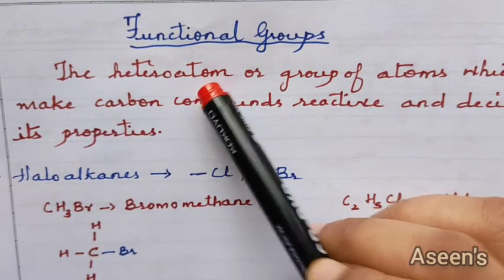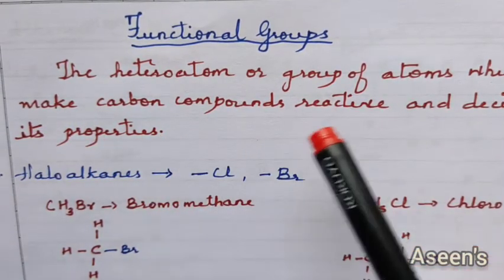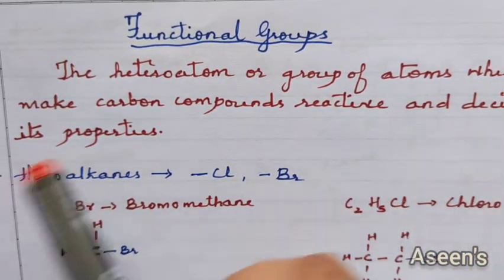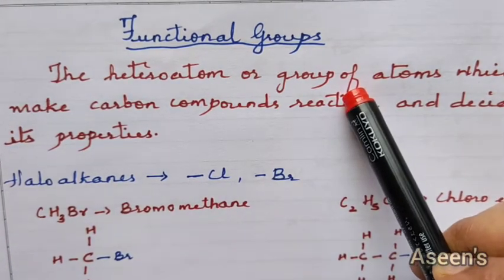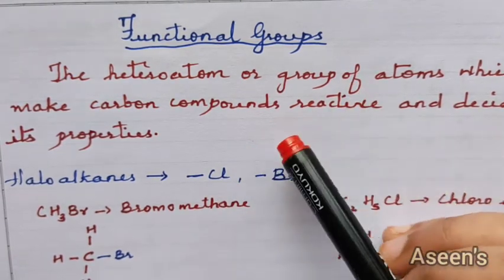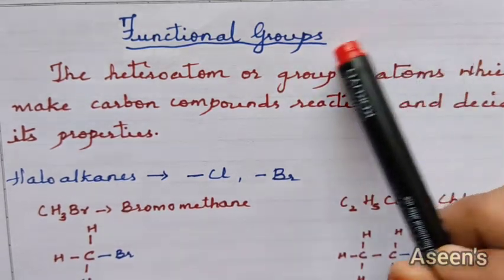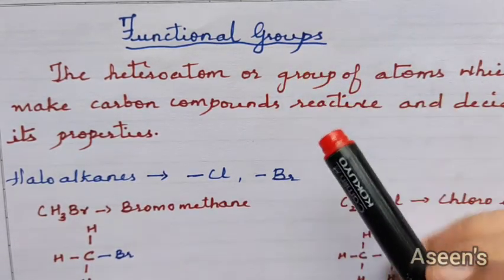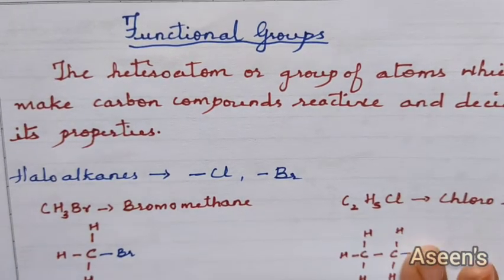So it's either a heteroatom or group of atoms which make carbon compounds reactive and decide its property. Depending upon the group of atoms present, their reactivity is going to vary, their properties are going to vary. So this group of atoms, we have characterized them. We are going to see that one by one.